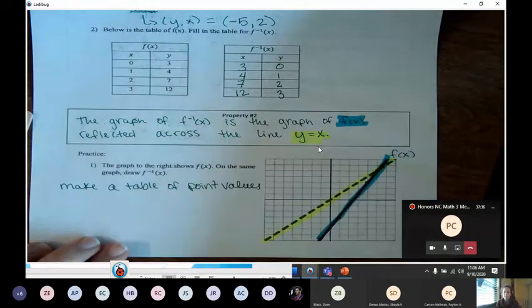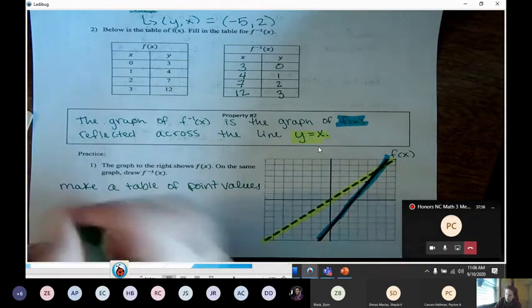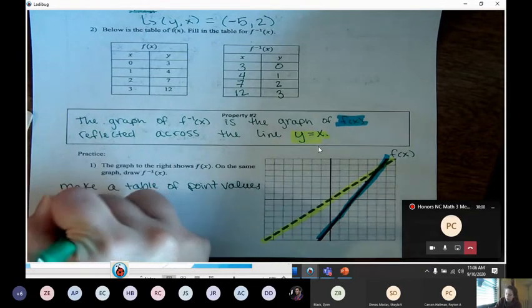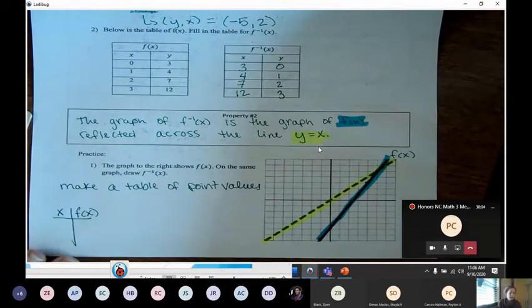They have labeled points on this graph, and some I can clearly see exactly. I'm going to write those down and use property 1 to figure out what points of f inverse of x should be. So I'm going to make a table for f of x, which is the blue.